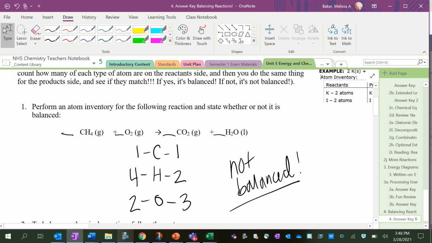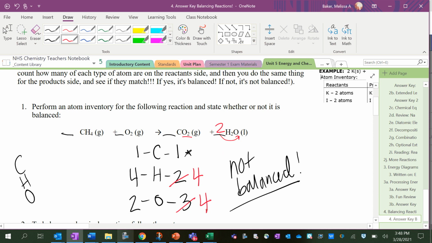But back to this. We want to balance in that order, C's, H's, and O's. The C's are balanced, yay. The H's are not, so let's balance those first. We need to put a 2 out front of the H2O. That gives us 4 hydrogens, but now there's another oxygen. So there's 2 oxygens there and 2 there.